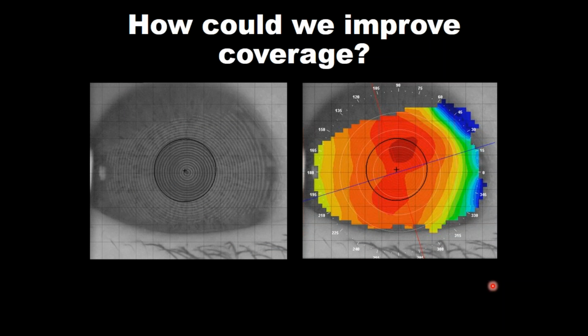Now, for many of you in Australia, the Medmont topographer is one that you use. It seems to dominate the market there, probably because it's manufactured in that country. And there's a unique feature available to Medmont users that allows you to get better coverage when you have these smaller areas of information.